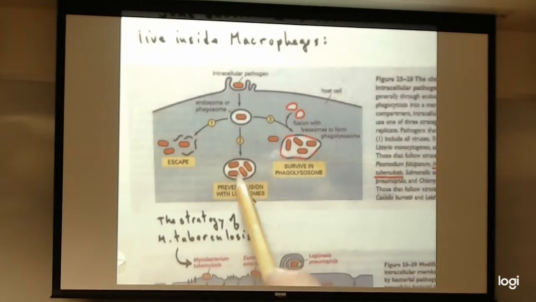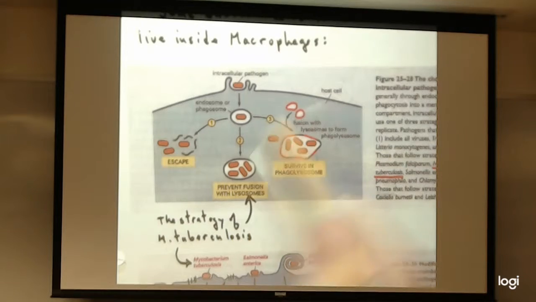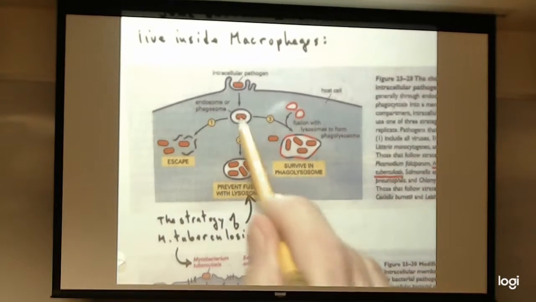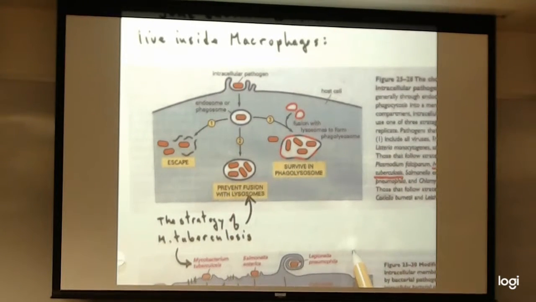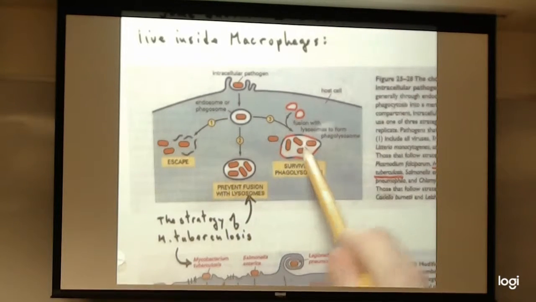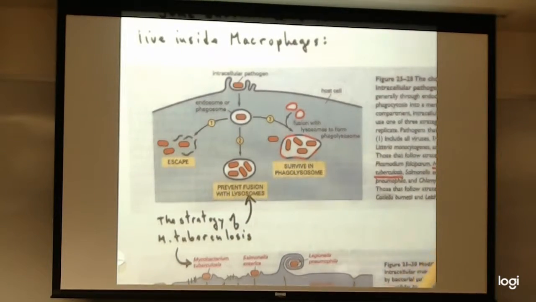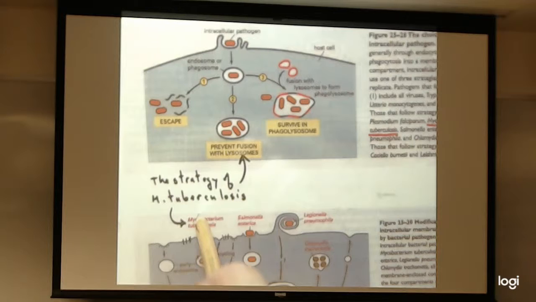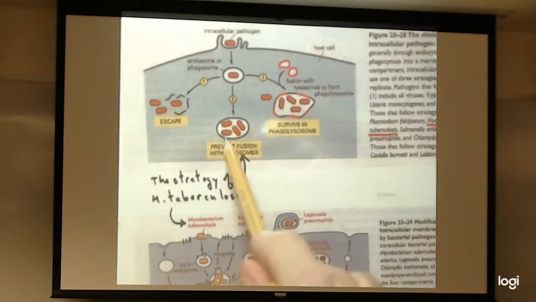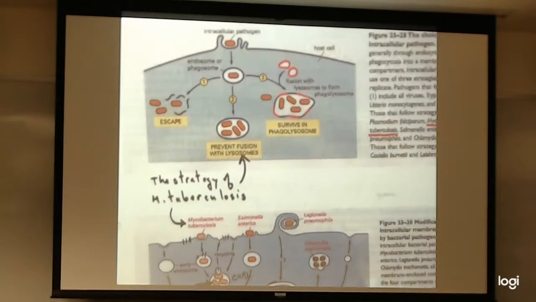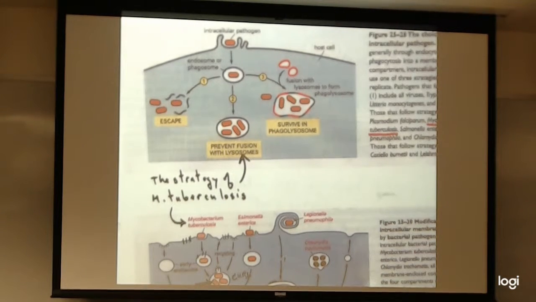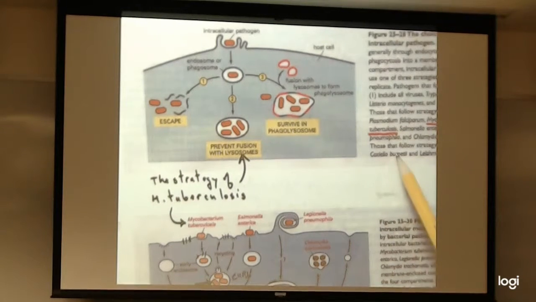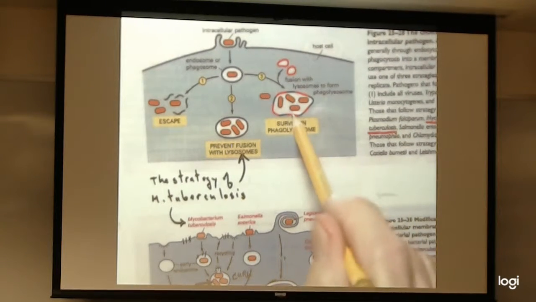Some bacteria prevent the fusion of the lysosomes, and so they just live inside this initial compartment here. And some simply survive in the phagolysosome. So this is the strategy of tuberculosis, by the way, here. And this pathway here, Coxiella burnetii and Leishmania, do this.